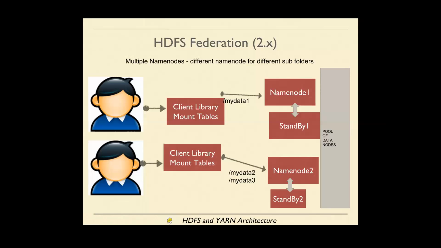It's like on Linux, where there is a file called fstab which contains a mapping of which folder belongs to which drive, which folder belongs to which network folder, and so on. The idea of a mount table is very similar to that mapping: when we write to one folder, the change might go to one name node. When we write to another folder or any of its subfolders, the change would go to another name node.